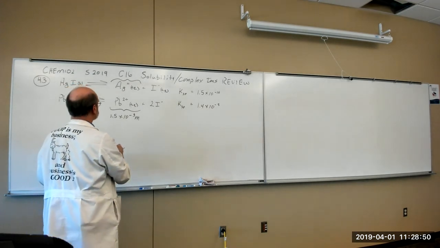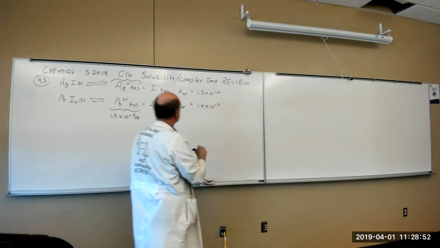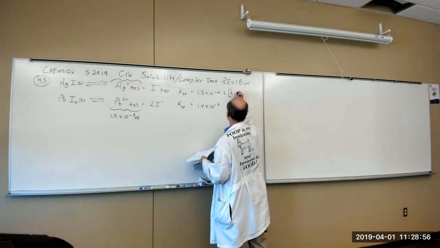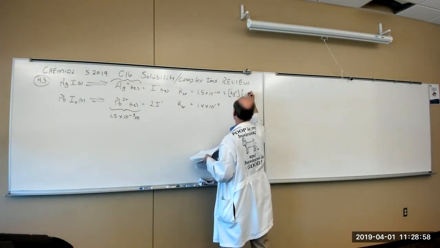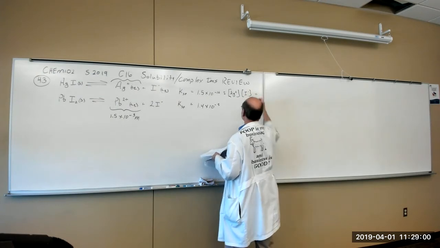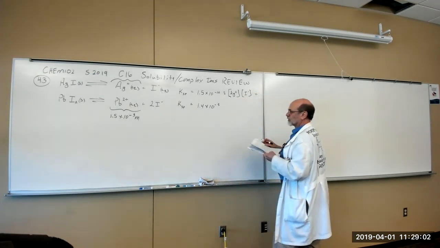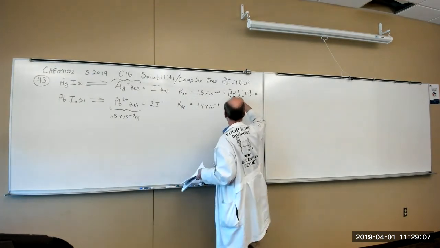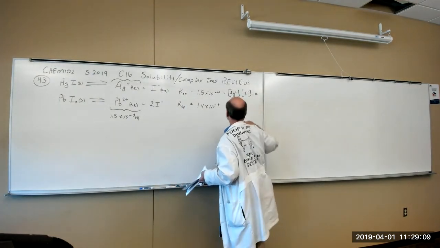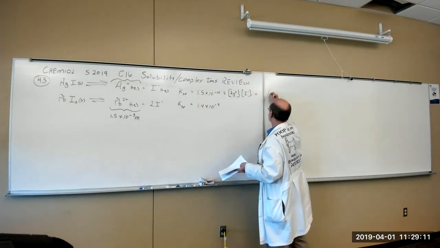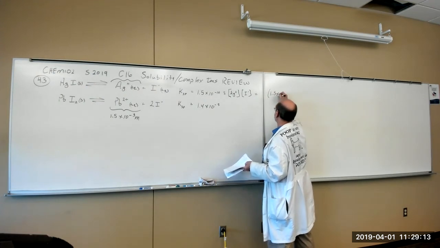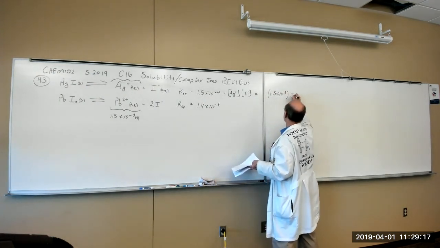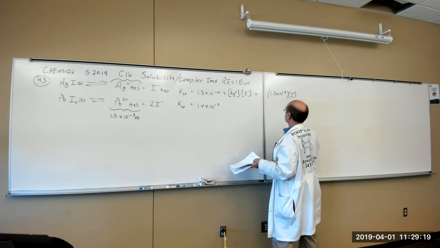Okay. So, well, we do have to use that one after all. So the expression here is silver and iodide. So we want to use up all of this silver first. That means we plug in that value right here. And then that's what's left over.